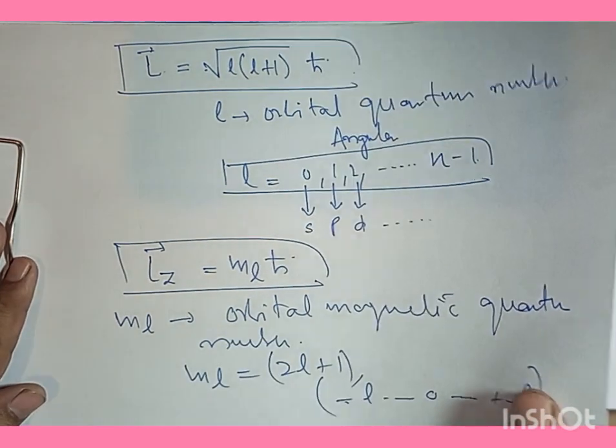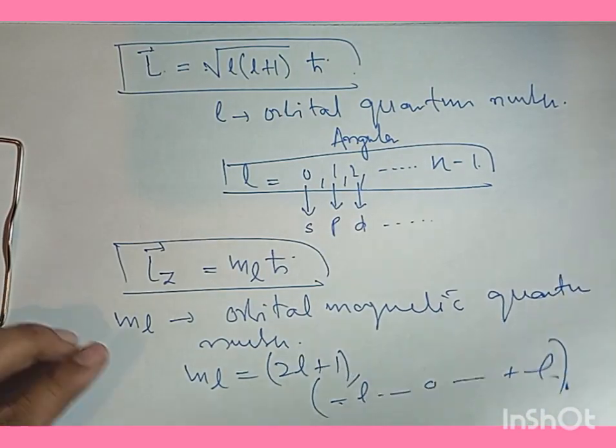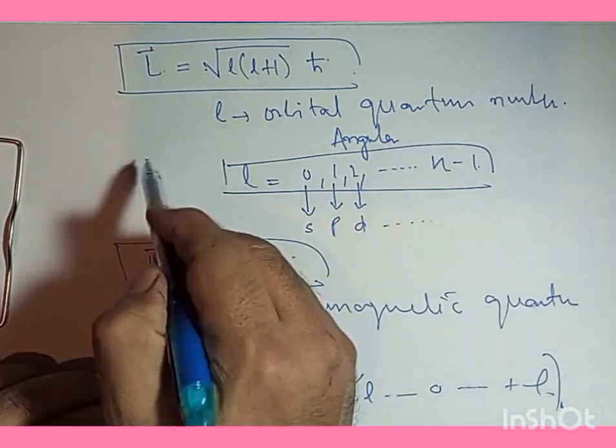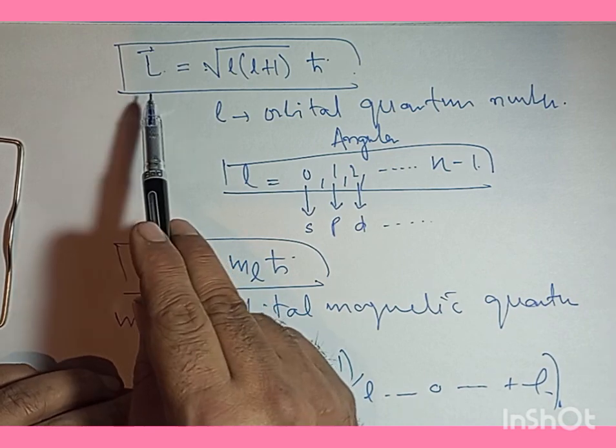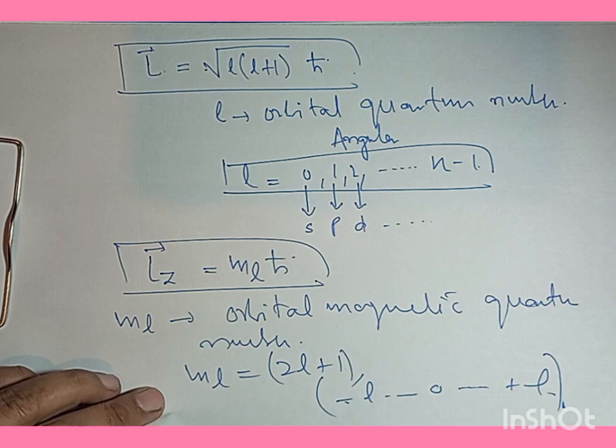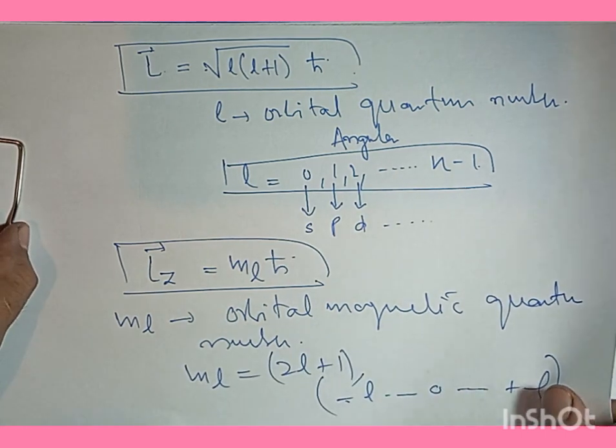Now, talking about the magnitude of spin quantum number, in analogy to the orbital angular momentum of this electron, we have spin angular momentum.